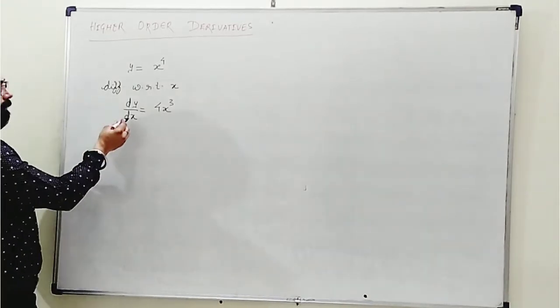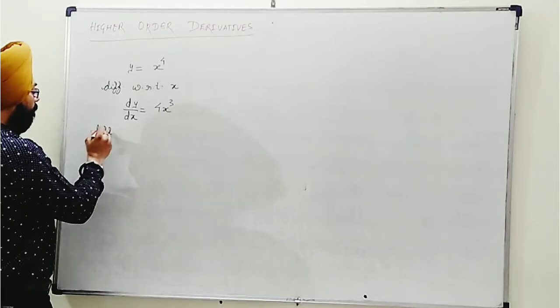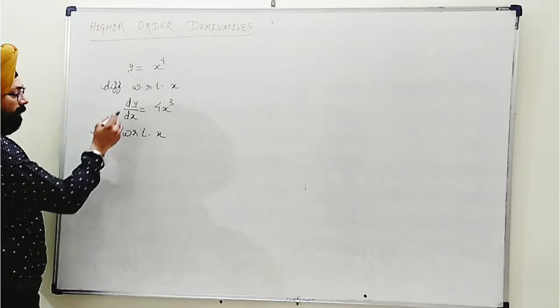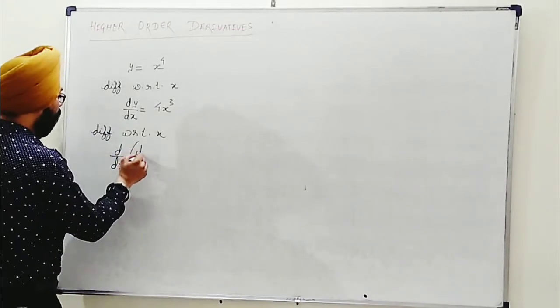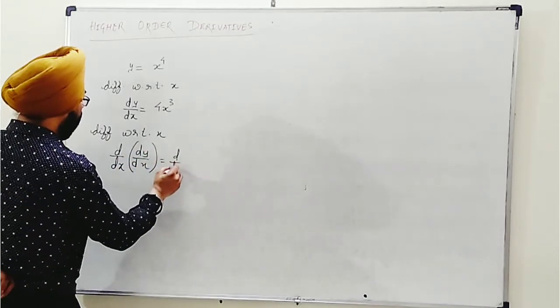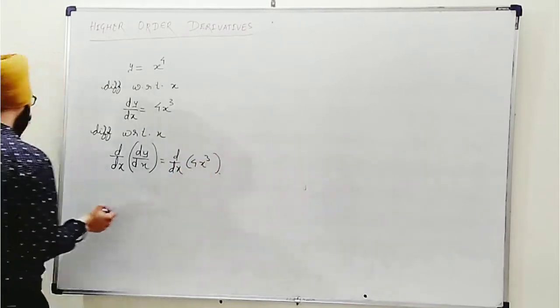If I differentiate this again with respect to x, what does it mean? We have to write d by dx of dy by dx, and on the right hand side also d by dx of the obtained function 4x cubed.